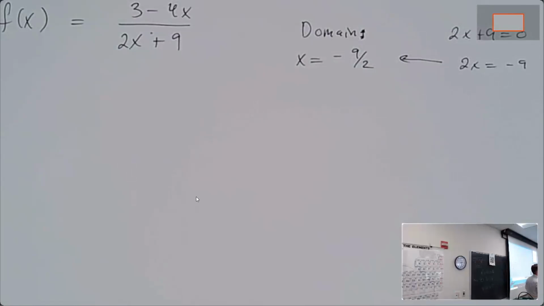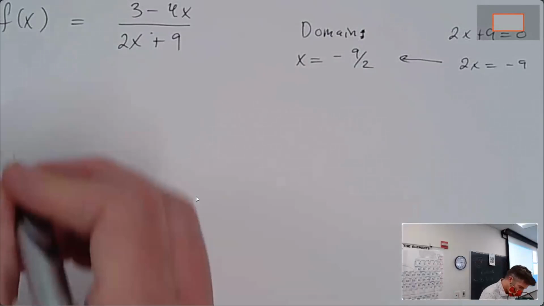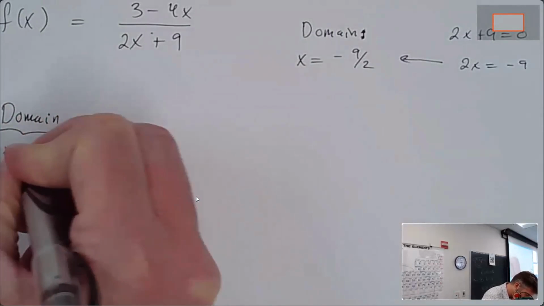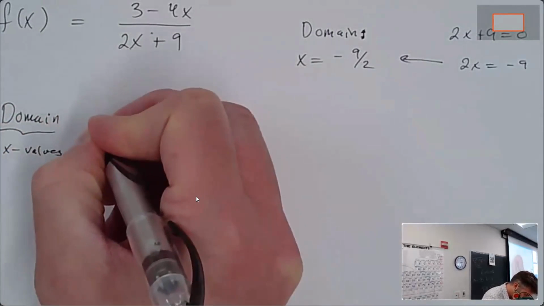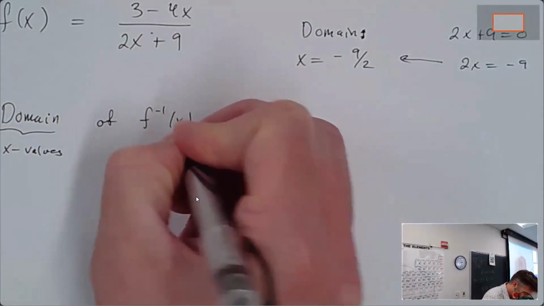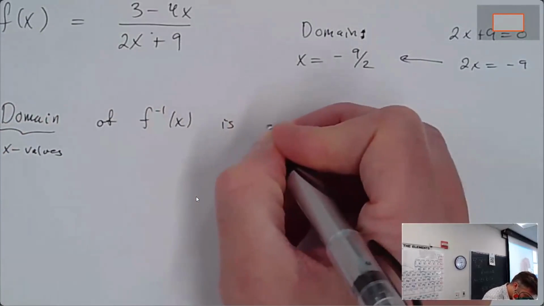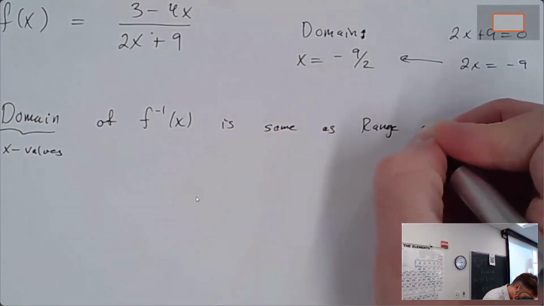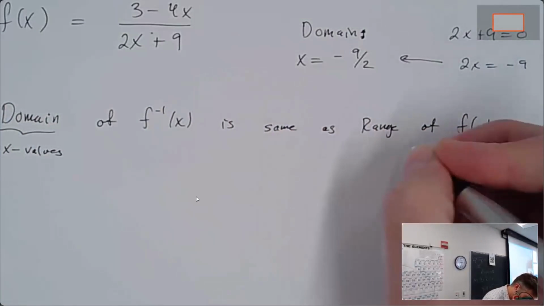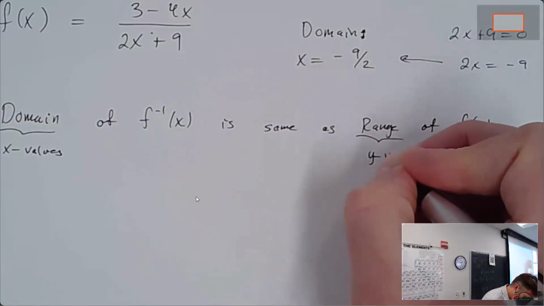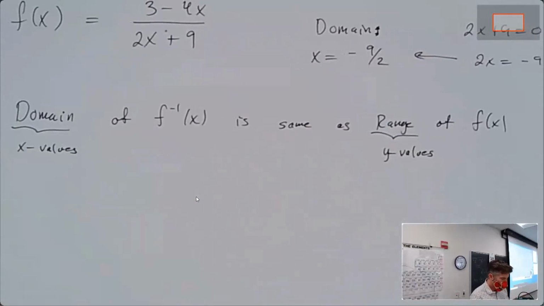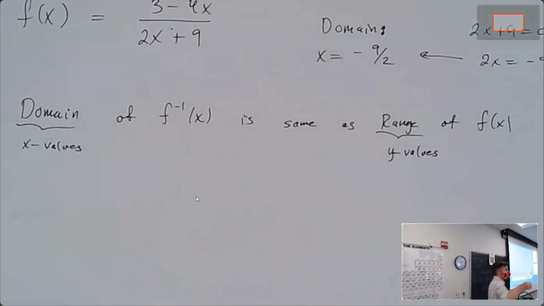So it's a really long way of saying the domain, which is just the x values of the inverse function, is the same as the range of the original function, which makes total sense because we're just switching the things. So that's what we're going to do. We're going to find the inverse function and then find its domain.